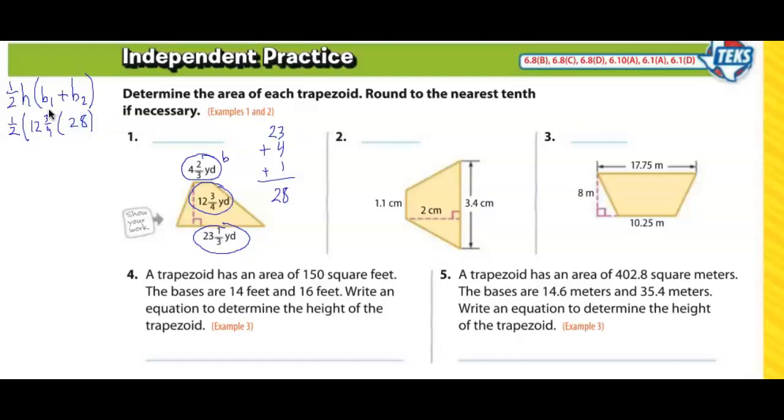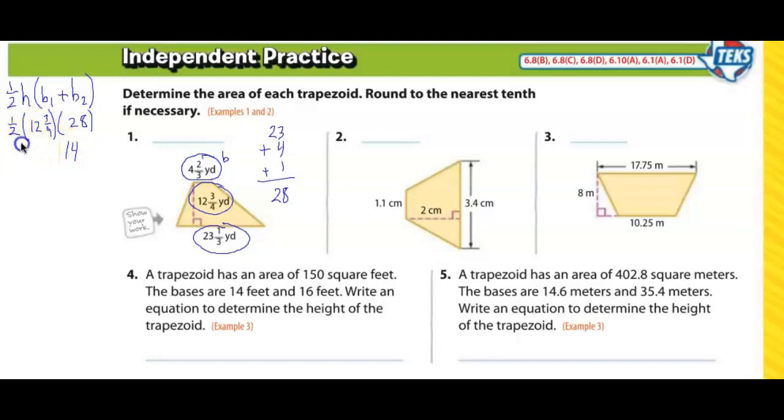Okay. So now, because this is multiplication, we can do this in any order. So I can multiply 1/2 times 12 and 3/4, or I can multiply 1/2 times 28, and that basically is, what is 1/2 of 28? So I'm going to just divide 28 by 2, and I get 14.